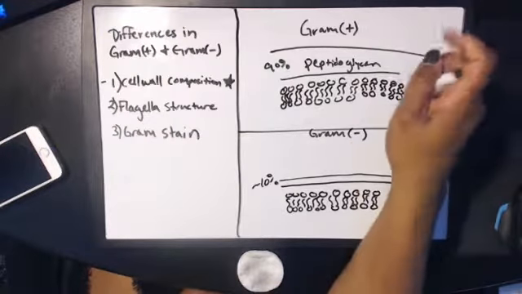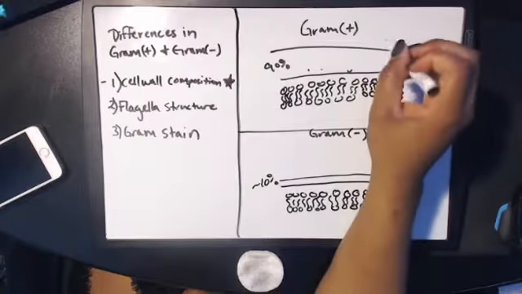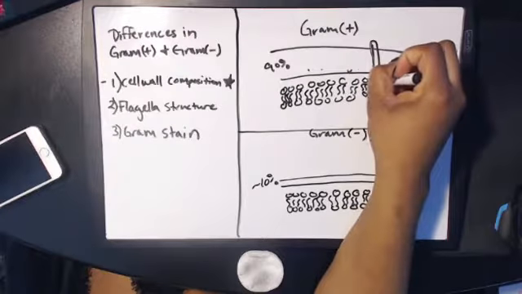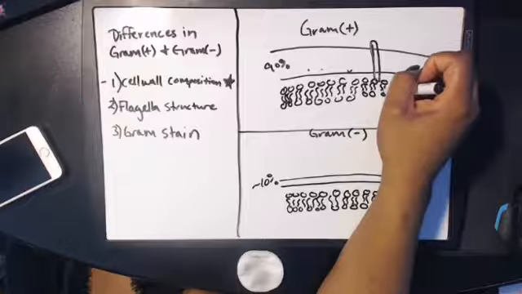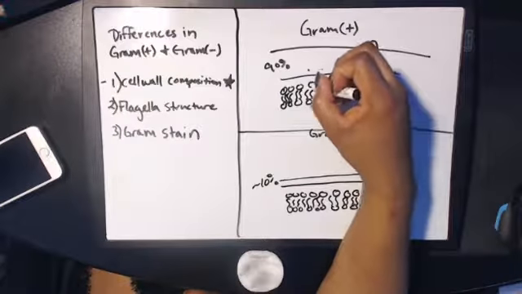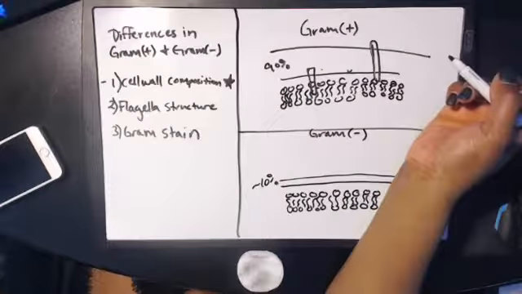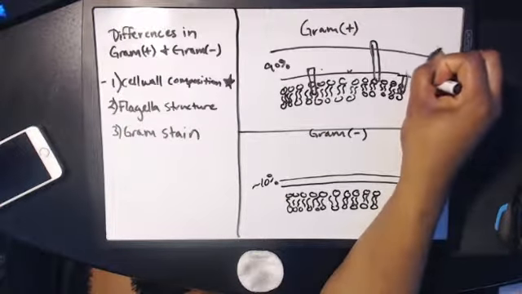Next, you would have the different structures within the cell wall. So for gram-positive, you'll have these teichoic acids, which go through the peptidoglycan wall onto the other side of the cytoplasmic membrane. And then you have the lipoteichoic acids, which are rooted in the cytoplasmic membrane and basically anchor this wall into this membrane.